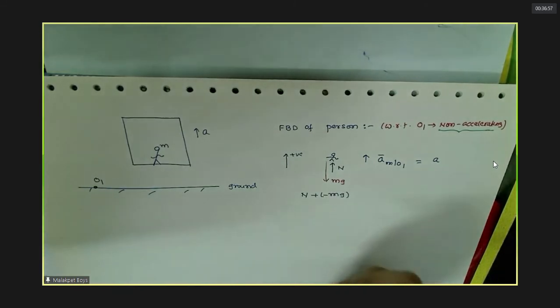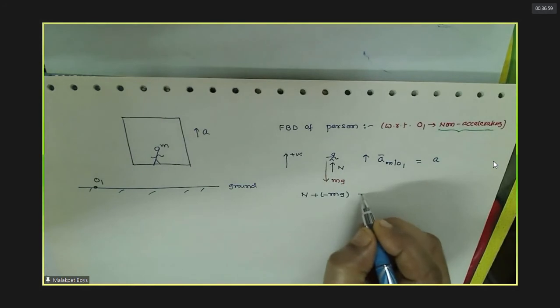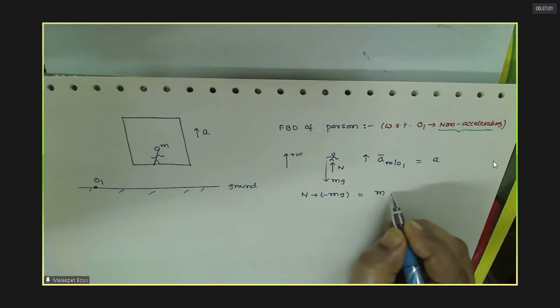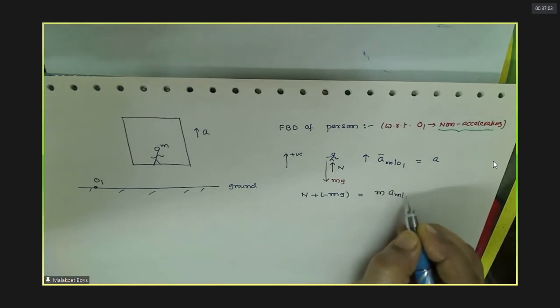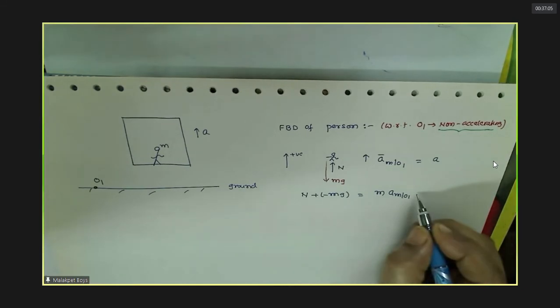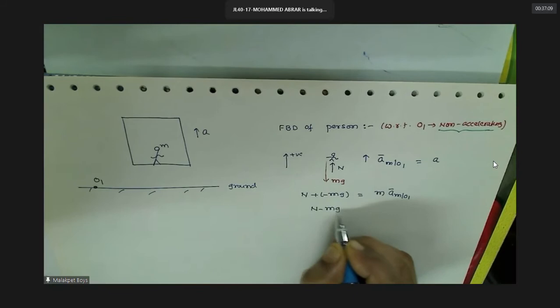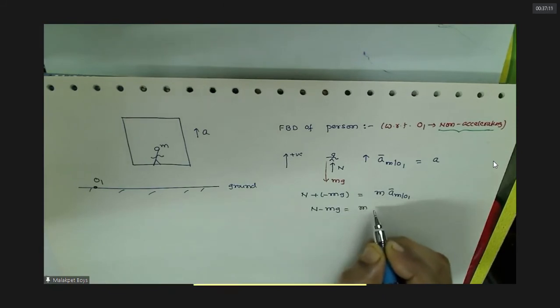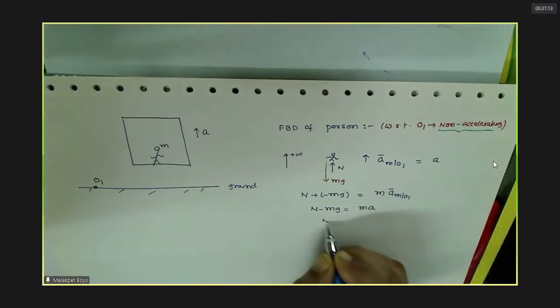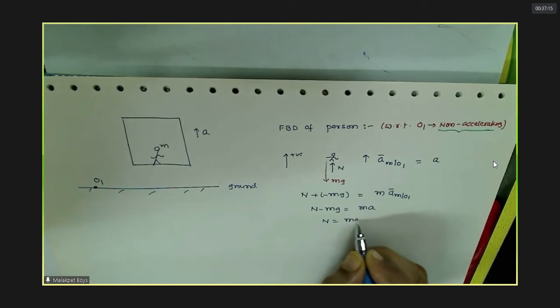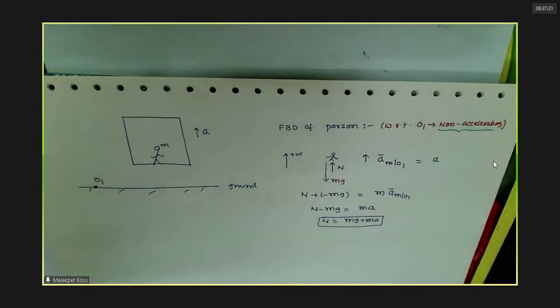After summing up, it must be equal to the mass of the body into the acceleration of the body with respect to O1. Do you agree with this? That is what I told now. Yes, sir, M into A. So what is the normal force N you got? Understood this?